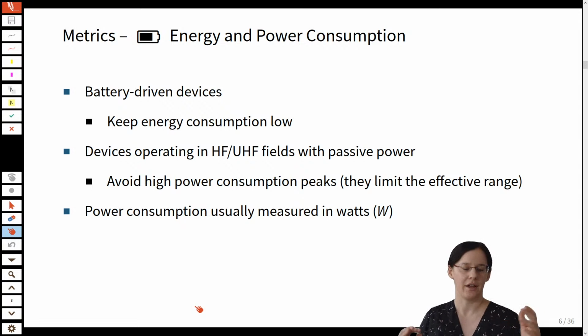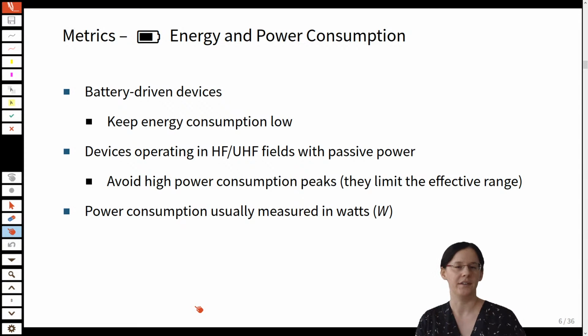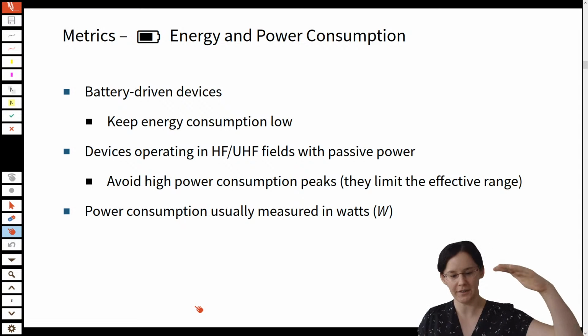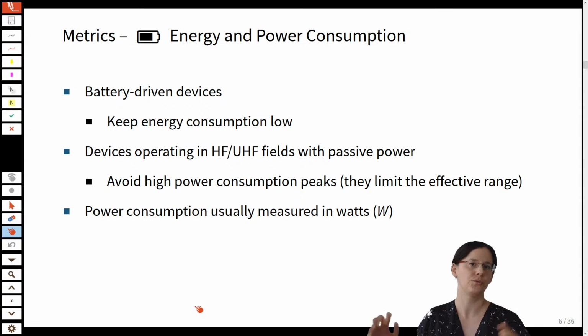So you want the total energy consumption low, where energy depends on the amount of time your algorithm runs and the peak power that it uses during this time. In case of a battery, both factors are important. You want neither individual parts of the cipher that have power spikes, nor do you want the computation to take very long, because that will also increase the total energy consumed.